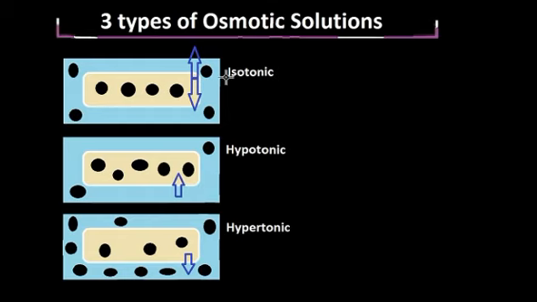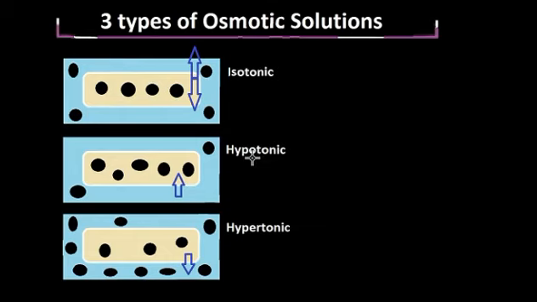Now, you may have noticed the prefixes in each of these words. With the isotonic solution, the prefix here is iso, which means equal, and that's referring to the equal amount of solute outside of the cell to the inside of the cell.